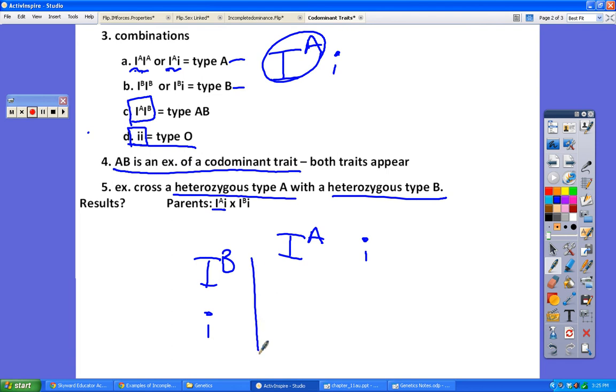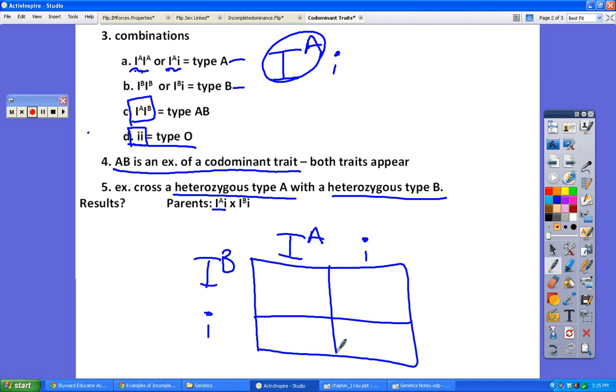So now when we set up our Punnett square, so 2 by 2 still, we have I^A I^B, we have I^B with the recessive i, I^A with the recessive i, and then our last option is to have the two recessive alleles. Each of these boxes here, box number 1 is going to be different than box number 2, then box number 3, and box number 4.